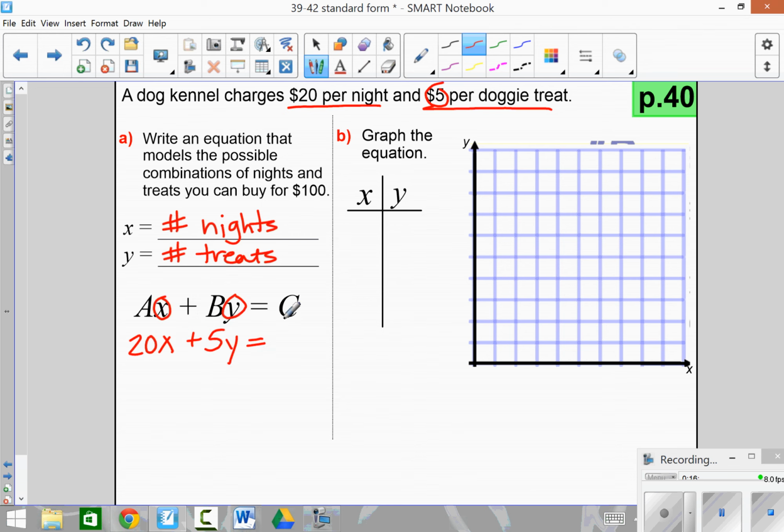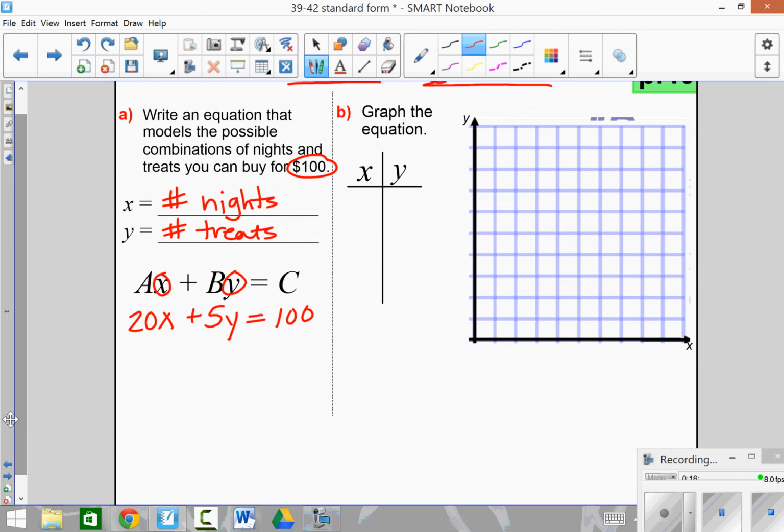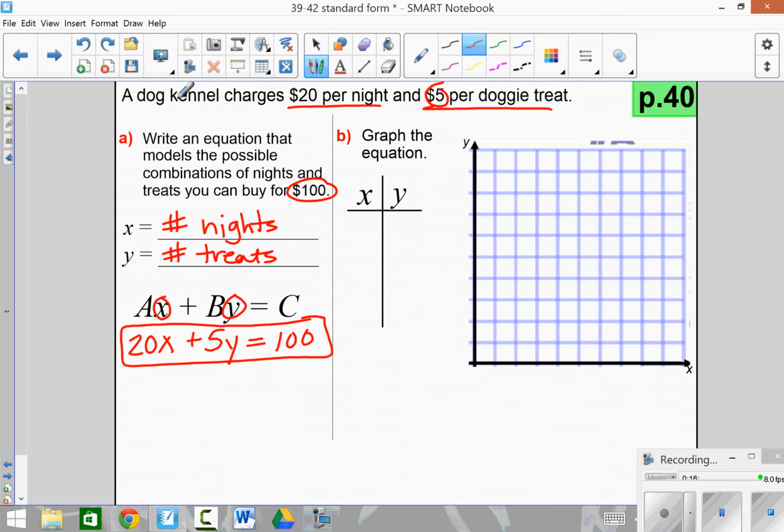All of this is going to equal C. Well, I have a total of $100 that I can spend, so I'm going to have $100 here. So this is our equation in standard form. Notice the x and y are on the same side of the equal sign. That models the dog kennel charging $20 per night, $5 per doggy treat, and you have $100 that you can spend.